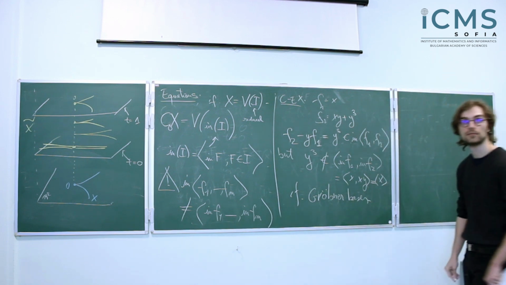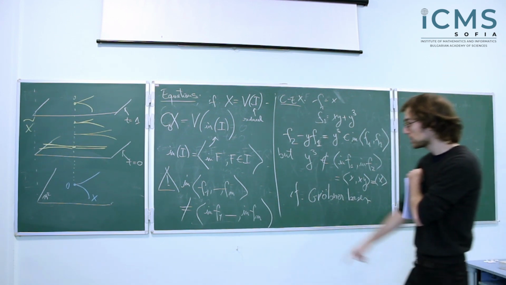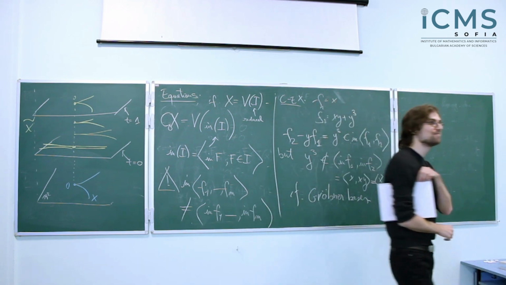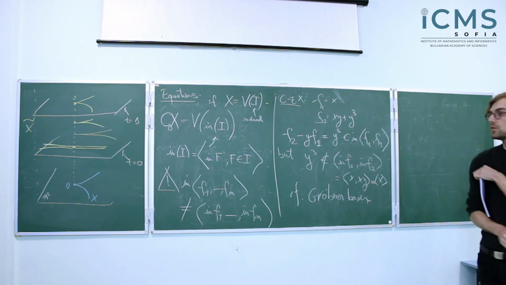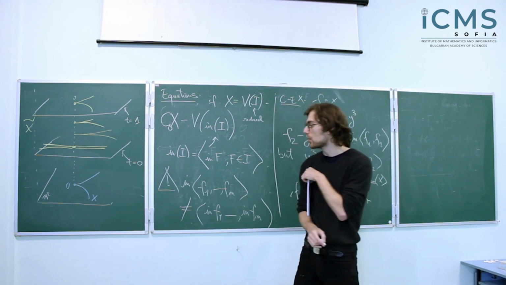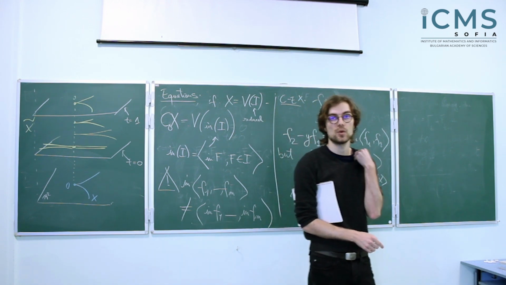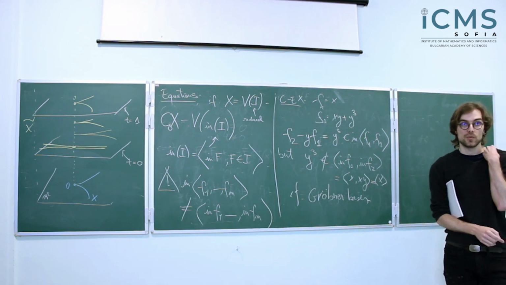Are there always suitable bases for which we have equality? Yes, you need to have a Gröbner basis, but for a specific monomial order. Gröbner bases depend on the monomial order you choose, so you need to choose a specific monomial order for this to work.